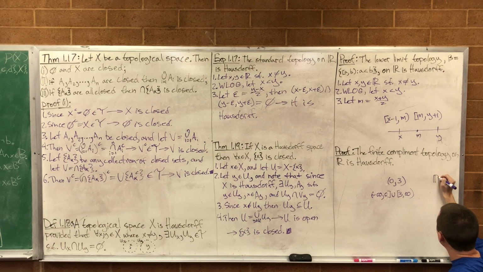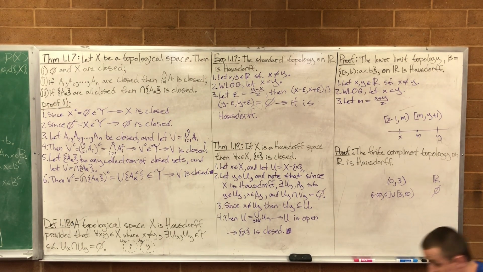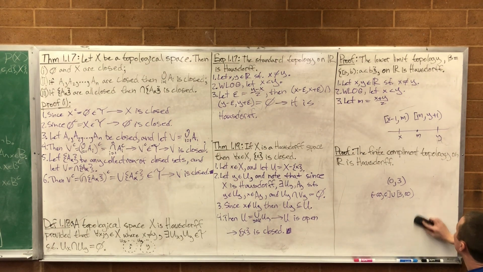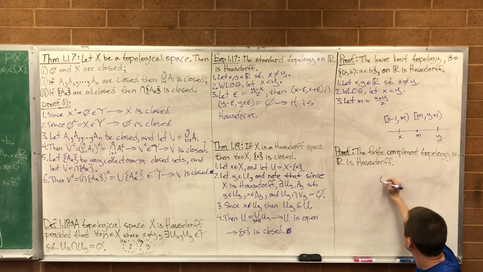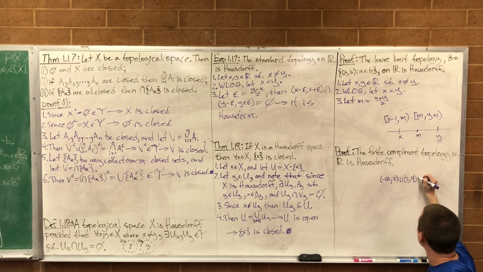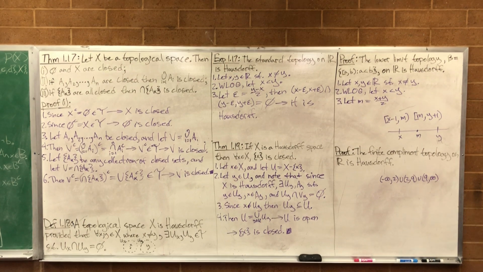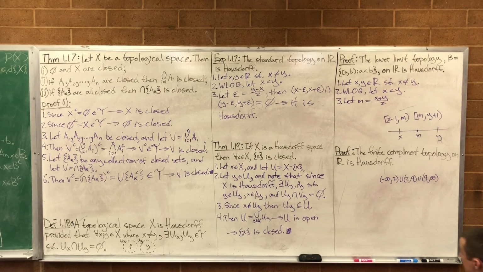What about this? Is this open? Yeah. What's its complement? The empty set. Is the empty set finite? Yeah, it's got 0 things in there. That's pretty finite. Let's look at another one. What about that thing? What's its complement? 2 and 9.